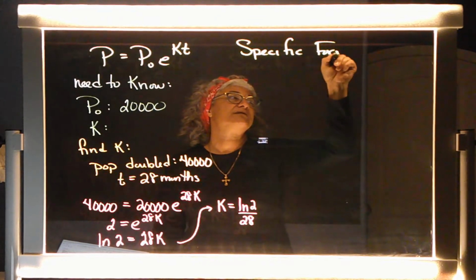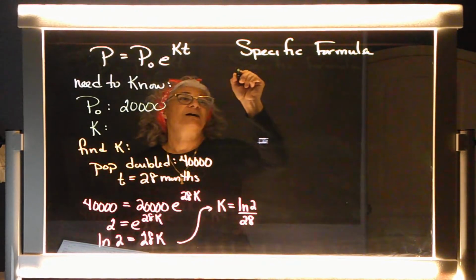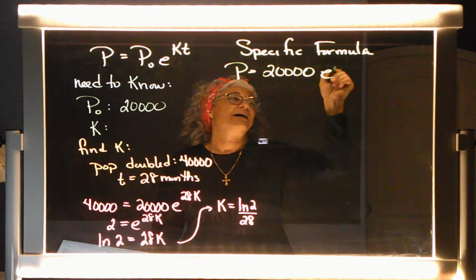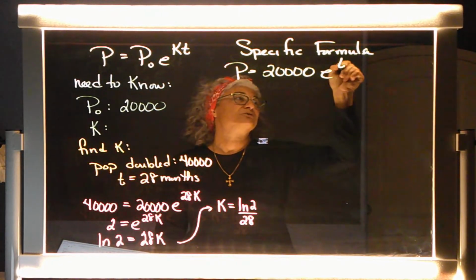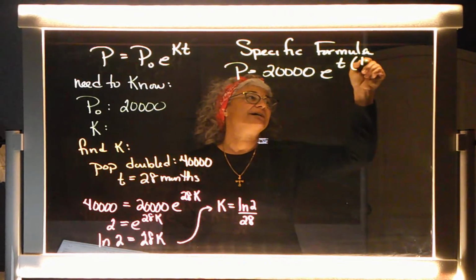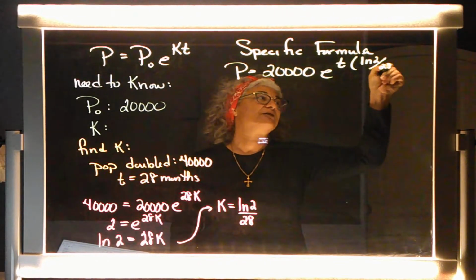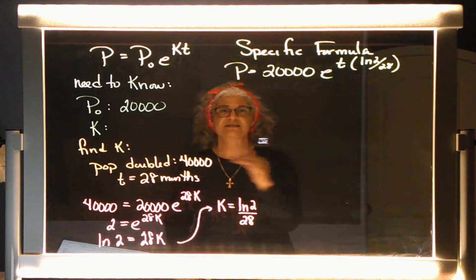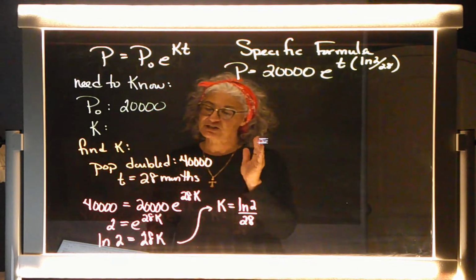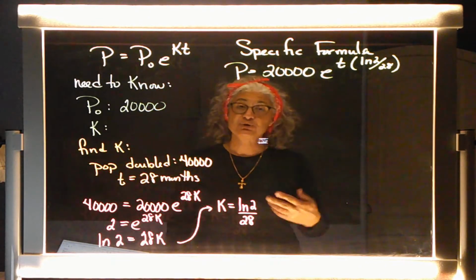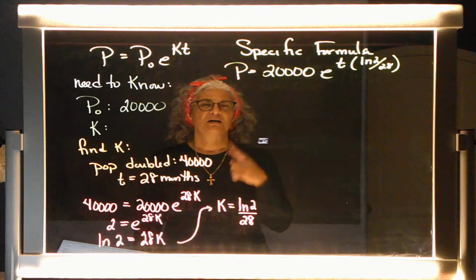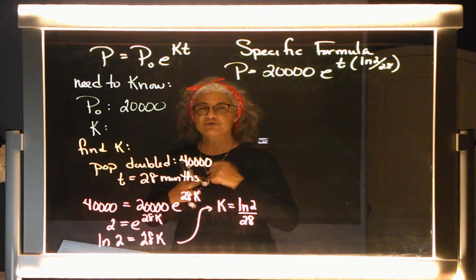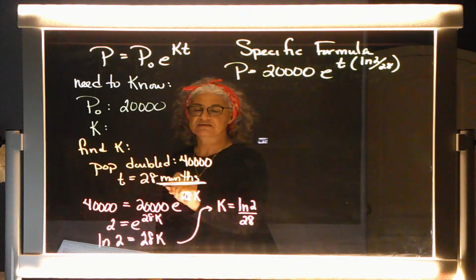So now, my specific formula. I've got the two pieces to my puzzle. I've got my initial amount, which was 20,000 people. I have my rate, which is the natural log of 2, the whole thing divided by 28. Good? Now I can answer whatever question they give me. Their question is, what's the population 2 years from now? Something we have to be extremely aware of: the time they gave us was in months.